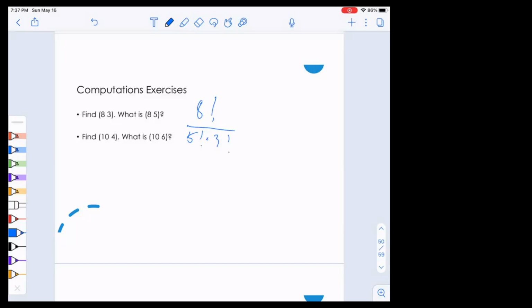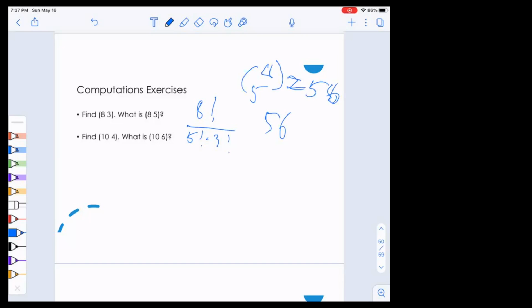It's 8 times 7, which is 56. Now, what is choose 5 from 8? Again, this is going to be the same thing. Since 5 is 8 minus 3, it's going to have the same amount of possibilities. So choose 5 from 8 is also going to be 56.